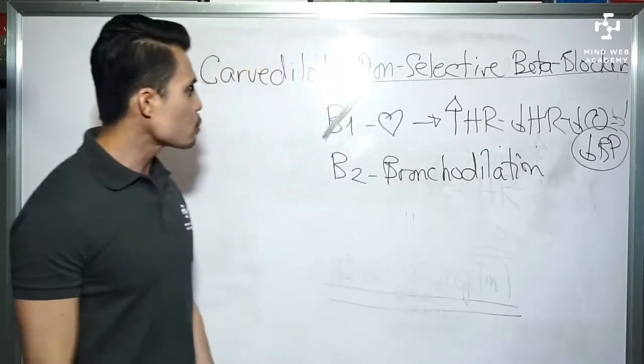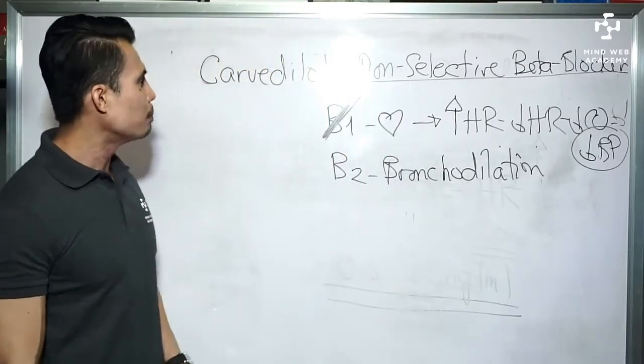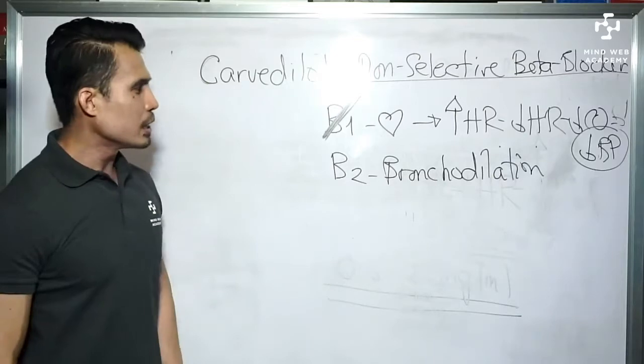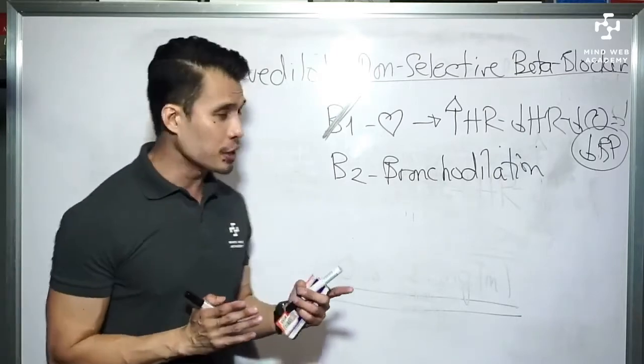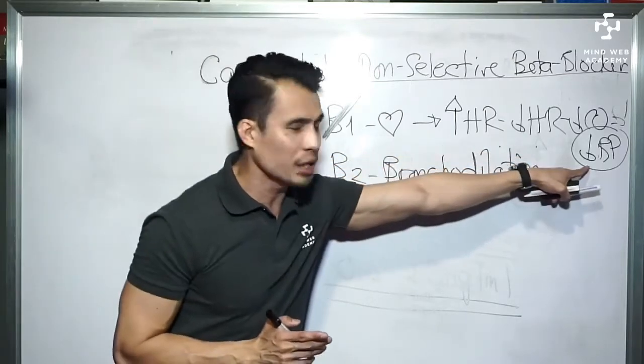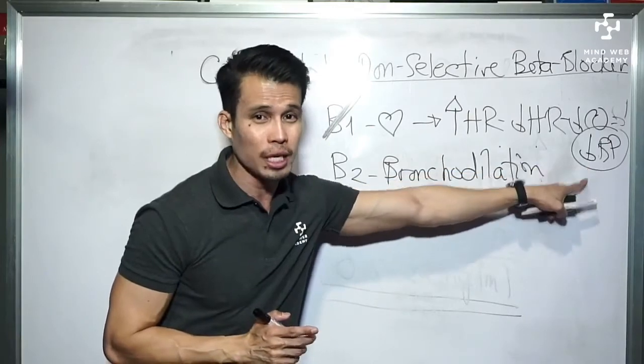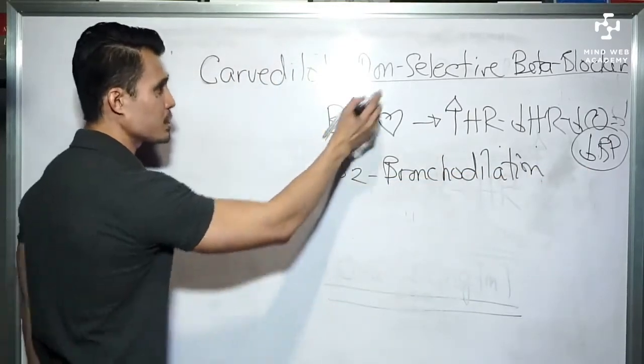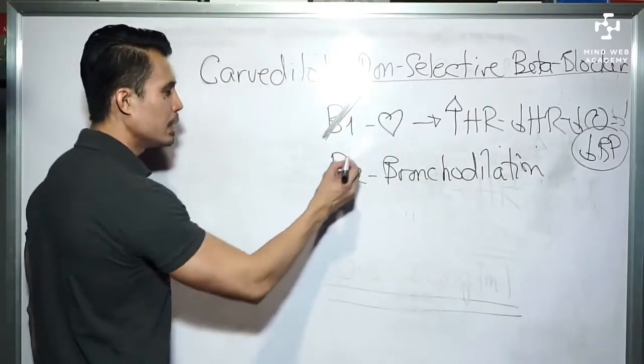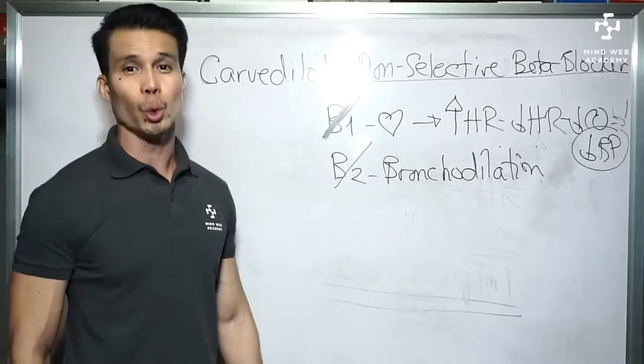Alright. Since we are talking about a non-selective beta blocker, which is your carvedilol, it doesn't choose. Since it blocks beta 1, yes, it is therapeutic because it can decrease the blood pressure. But nurses, since it's a non-selective beta blocker, it can also block the beta 2 receptor site.